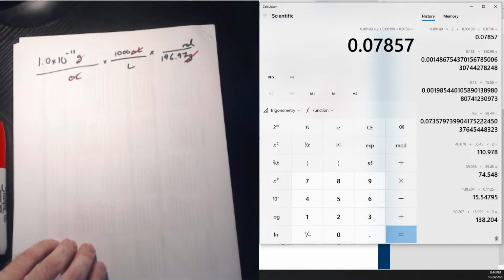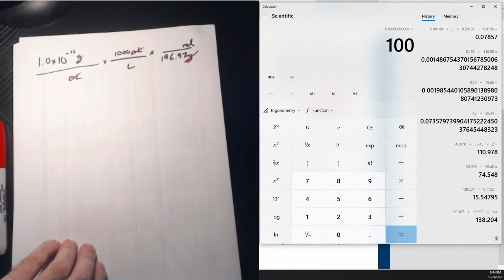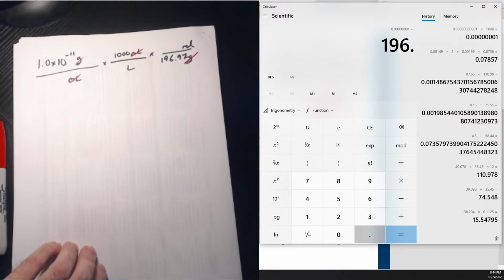All right, so 1 times 10 to the negative 11th. So now we multiply by 1,000. And then we divide by 196.97.